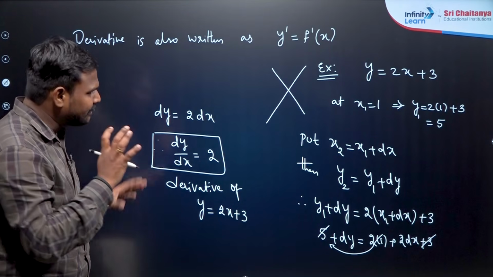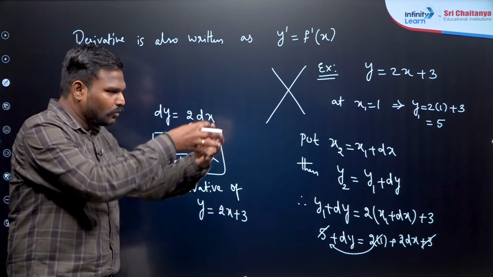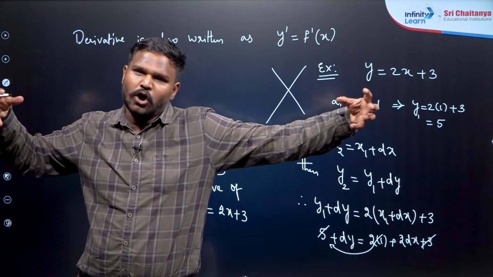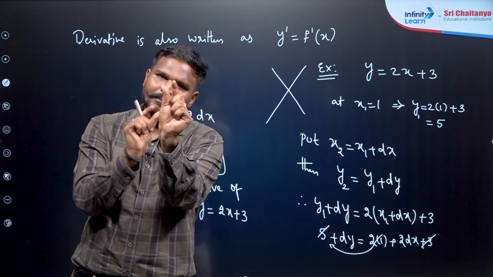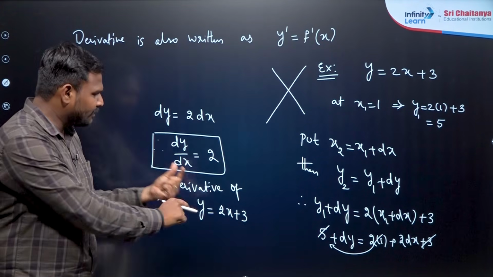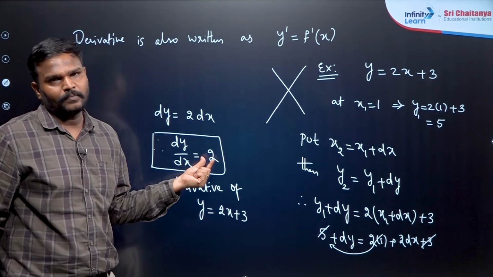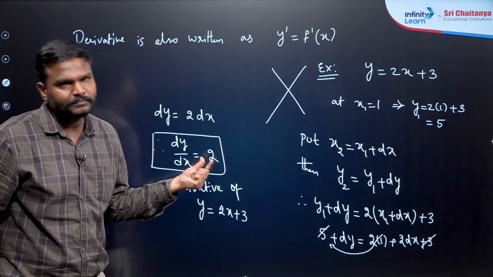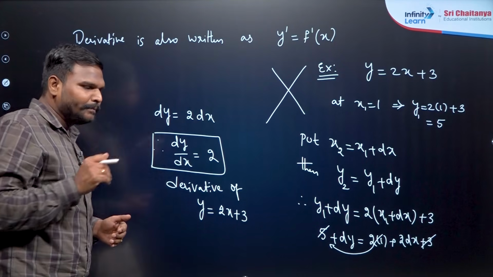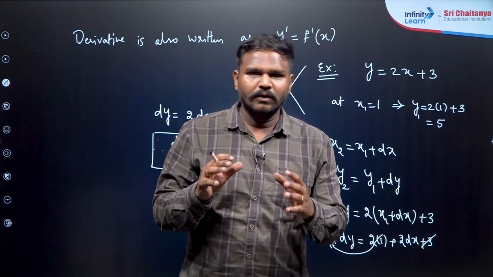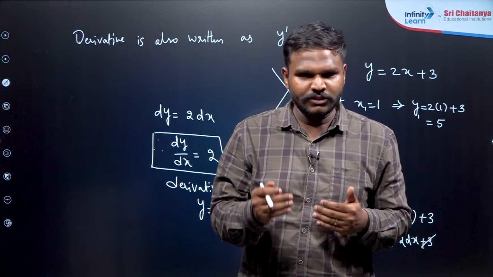Understood? This is the actual meaning. Like 2x plus 3 is the big rod we were talking about. Then the smallest element, small change in y by small change in x, for this question would be 2. Is that clear?